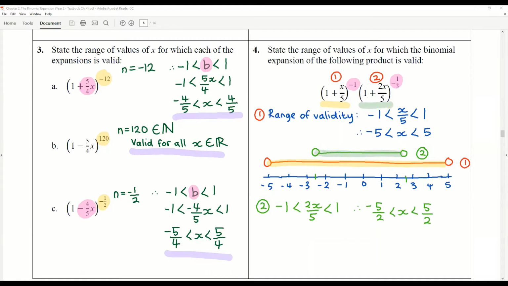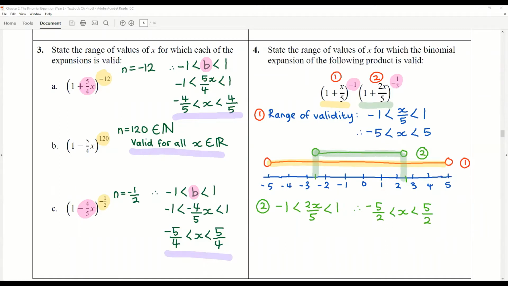Now, if that's the case, that forces me to consider only the values between -5/2 and 5/2. Okay, I have to pick the strictest restriction, if you like, the most limited restriction, because the x values have to be valid for both expansions. So this means that I just choose the strongest restriction between the two.